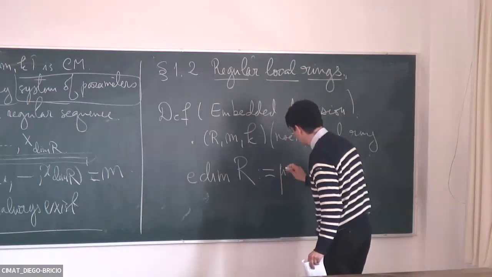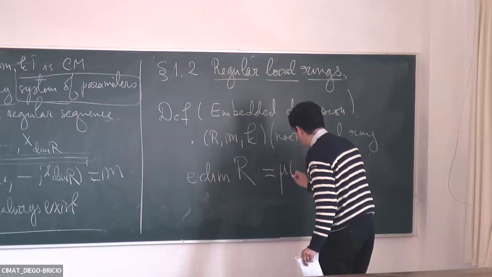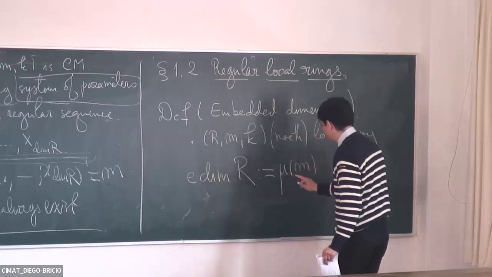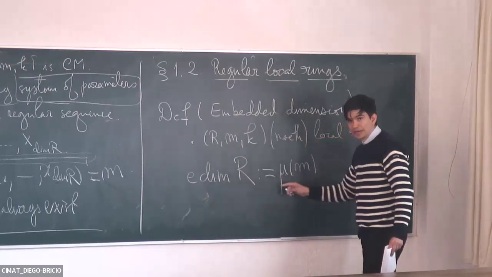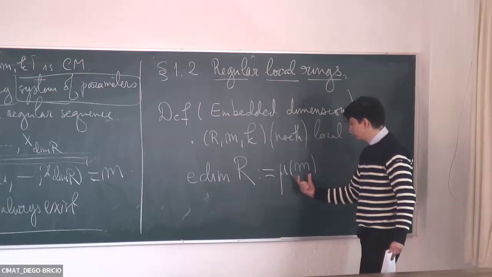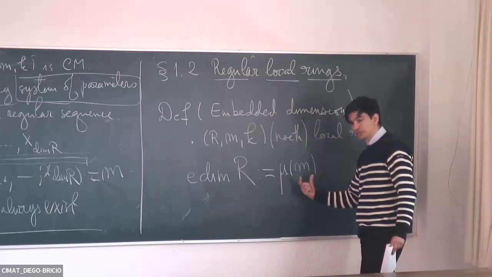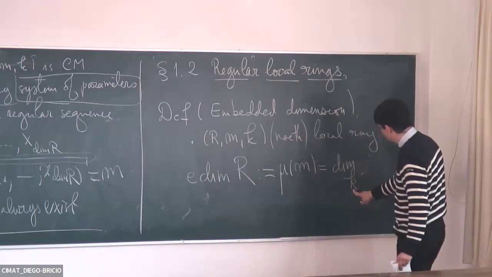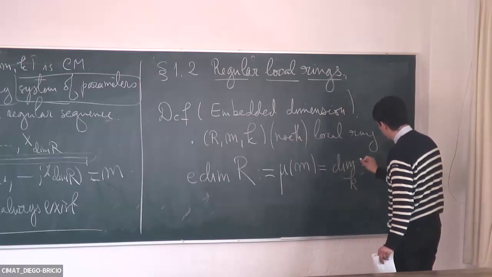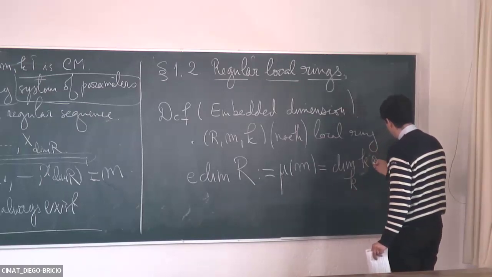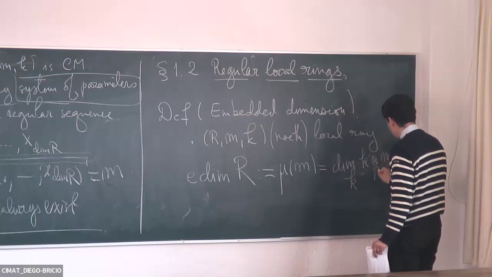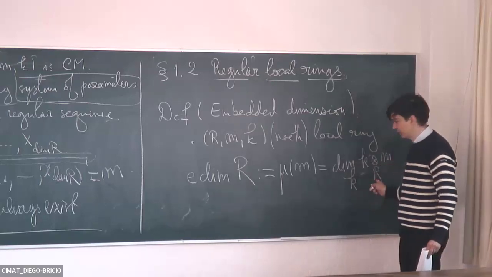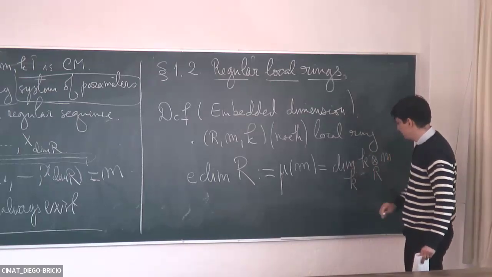From last time, we were using this notation, mu of the maximal ideal. So mu of any finitely generated module is just the minimal number of generators. That's going to be given by the dimension as a k-vector space of k tensor that module. So you do a base change, you get a vector space, and you compute that dimension.